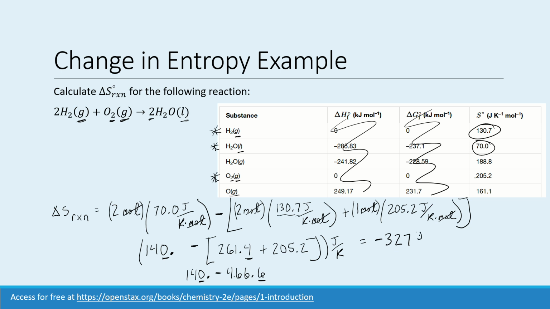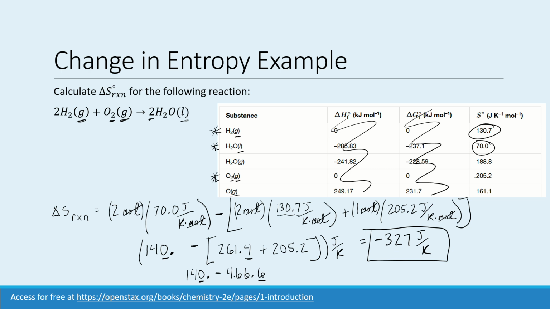And so that should give us negative 327 joules per Kelvin for our final answer. And remember, it could be joules per Kelvin or joules per mole Kelvin, depending on what the source is asking for. That's why it's so important that you do it step by step so that you know that you're ending in the ones place and not out to the tenths place.